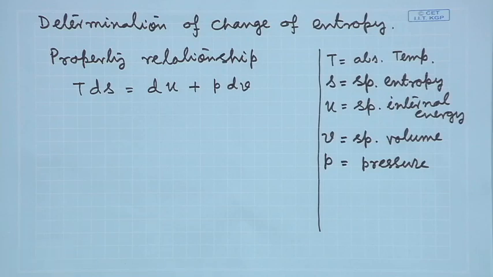So, you see, combining the first and second law, TdS is equal to du plus Pdv, and you remember that this is a relationship of properties which is dependent only on end states, and that is why we do not talk anything about the type of the process, whether it is a reversible process or irreversible process, that is not relevant over here.